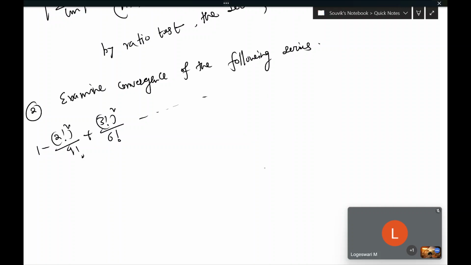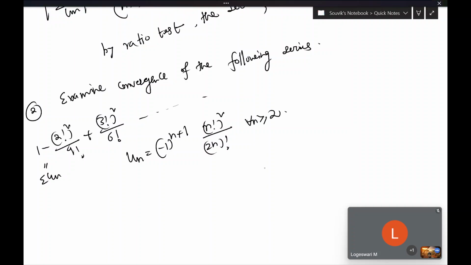Okay, so let me tell how to solve this. First, as usual, let us denote the summation u_n, where the nth term u_n is (-1)^(n+1) (n!)^2/(2n)! for all n greater than or equal to 2.